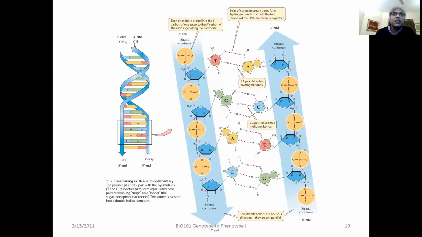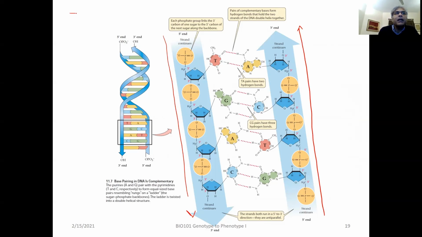If we look at the structure of DNA, what we learned is that DNA comes in anti-parallel strands. Anti-parallel means you have 5' to 3', and then the anti-parallel strand is 5' to 3'.